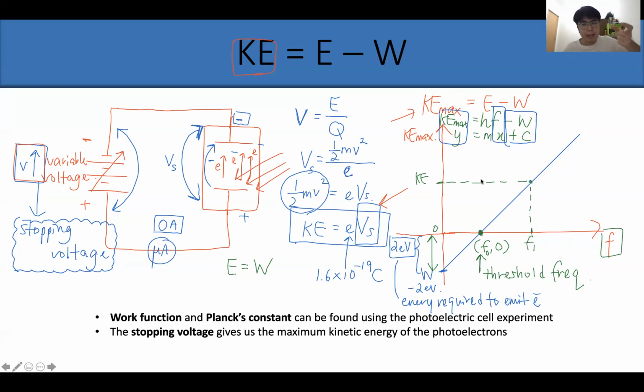If your light has a frequency that is the same as the threshold frequency, then what is the kinetic energy? 0. The photoelectron does not have any kinetic energy. So it must be more than it to emit the electron. The frequency must exceed the threshold frequency.